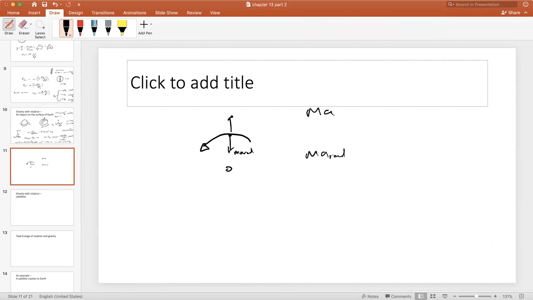And it's got some normal force because it's sitting on the surface of the Earth, and it has some force of gravity, right? So m a_rad is down, normal force up, force of gravity down. Okay. And m a_rad is really m omega squared r. And this is your radial acceleration.